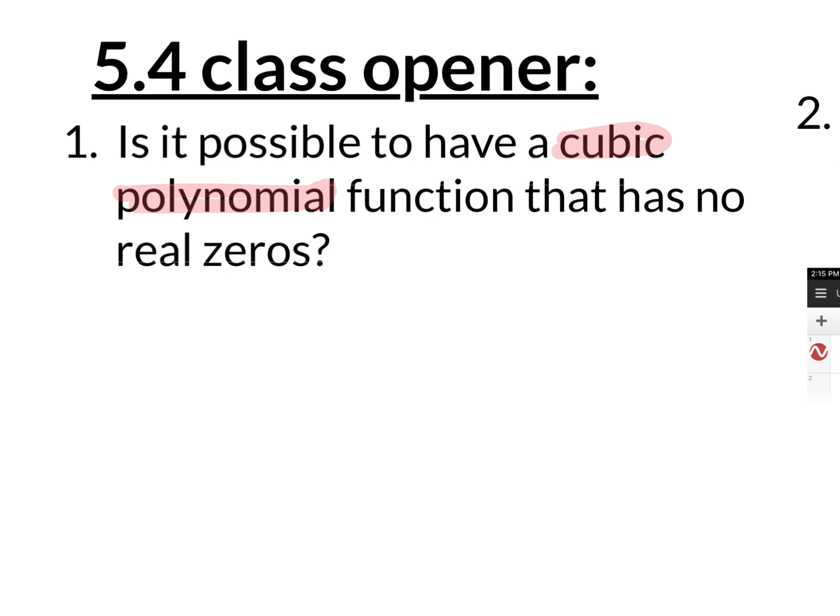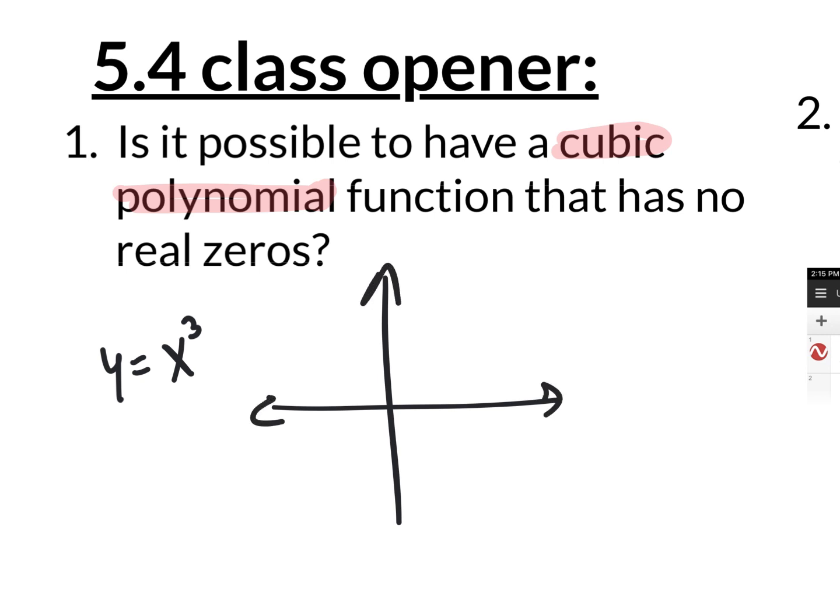Well, first of all, a cubic function, the most basic one, y equals x to the third, when we think about the xy plane, where does it have its end behaviors at? Is it in quadrant 1, 2, 3, 4, all of them? Where's the end behavior at? Okay, 3 and 1, right?